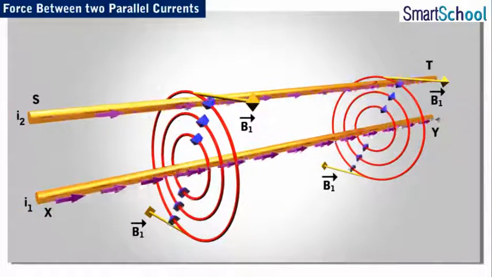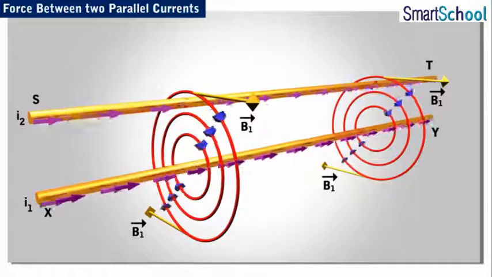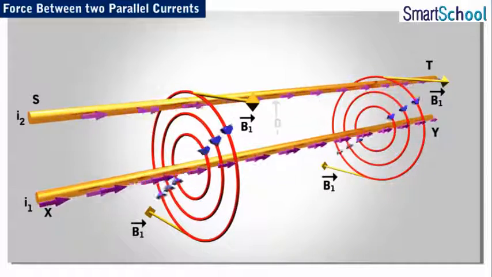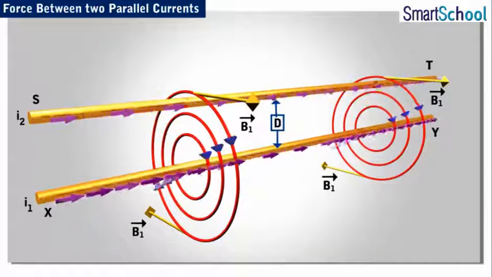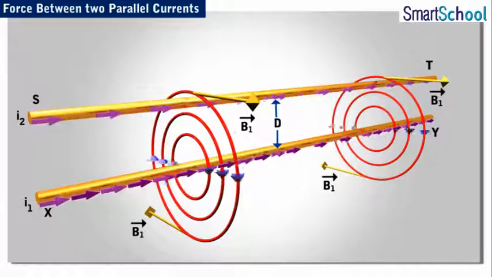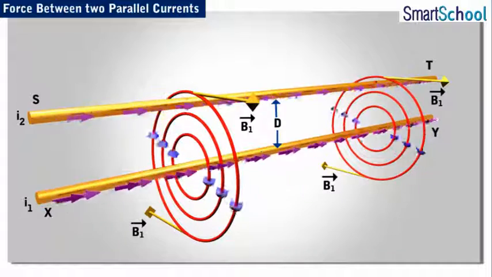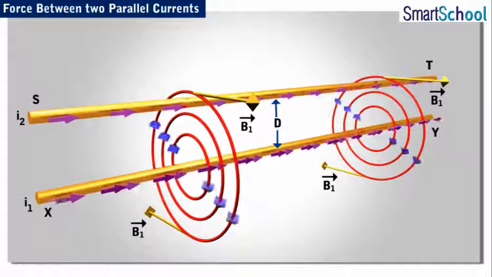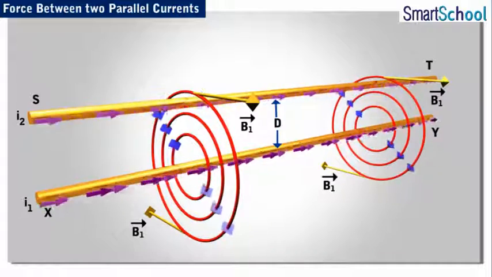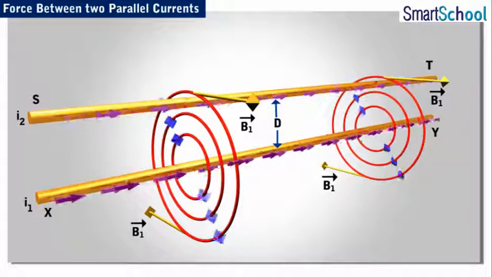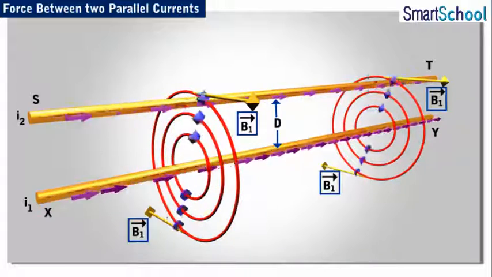Let the current through both the conductors be in the same direction. Let d be the distance between them. The magnitude of the magnetic field induction is constant at all the points that are at equal distances from the conductor.